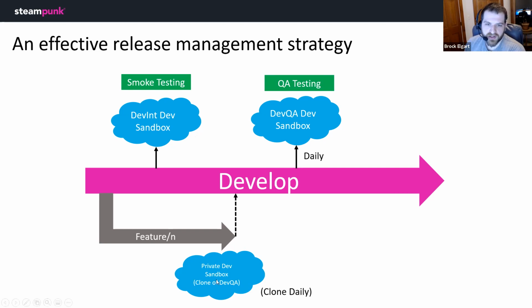They work by branching off of develop, creating a feature branch. Typically you want the branch name to include the ID of the story in Jira or Azure DevOps. And I've had a good amount of success working with sandboxes that are cloned from our QA environment so that all the data gets copied over, rather than working out of scratch orgs.